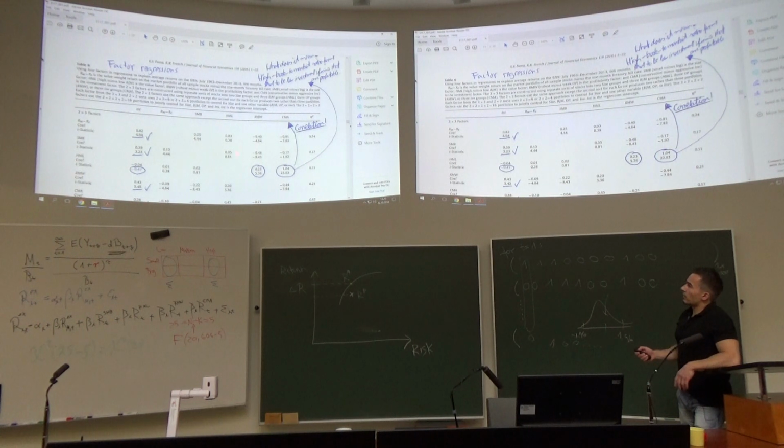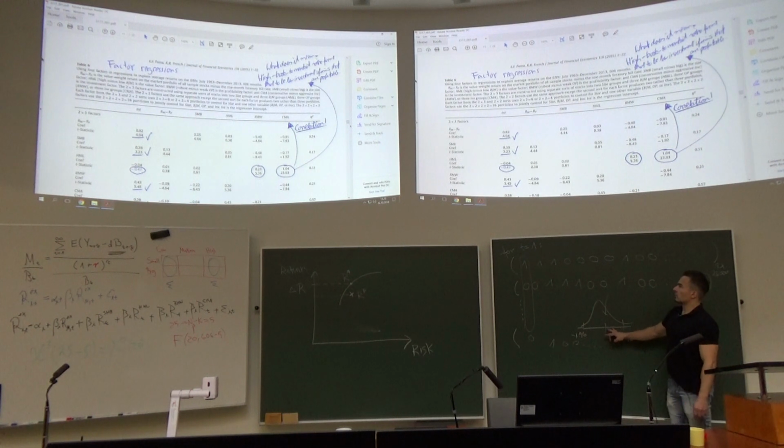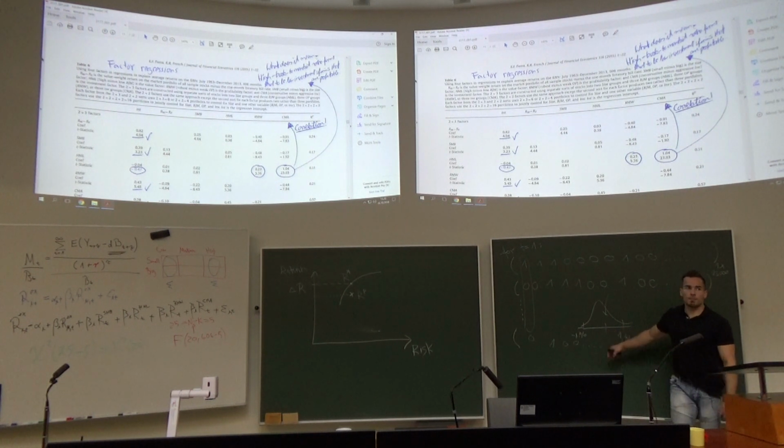The loading against the HML factor is surprisingly 0.05, but the t-statistic indicates that the size factor, at least as they have it constructed here, is not correlated with the HML factor, because the t-statistic is 0.81, which is statistically not different from 0 on the 5% level.